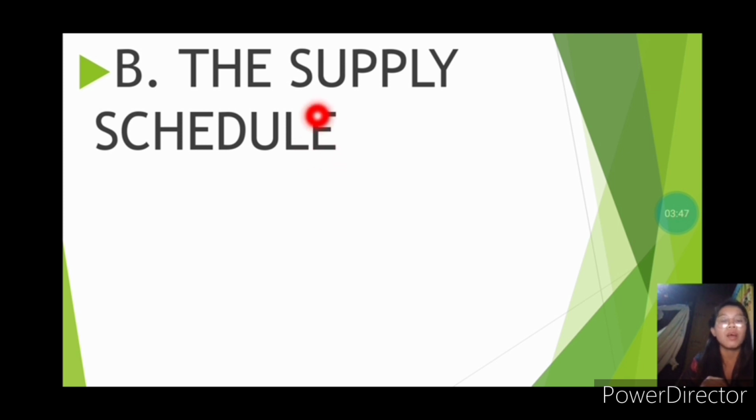On the other hand, the supply schedule or supply curve for a commodity shows the relationship between its market price and the amount of the commodity that producers are willing to produce and sell, other things held constant.